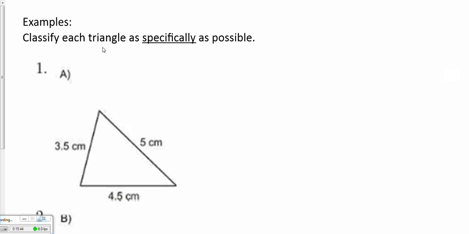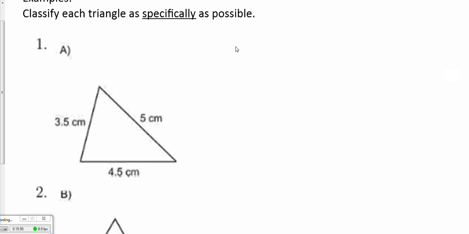Lastly, we're going to go over classifying some triangles as specifically as possible. Now, by specifically, I'm saying everything that we know about them is going to be put in there. Now, when we look at triangle A, and I know these ones aren't on your notes, either draw them in there or just kind of make note of them. Notice that this one, none of our angles are drawn in there. We know nothing about this angle, or this angle.